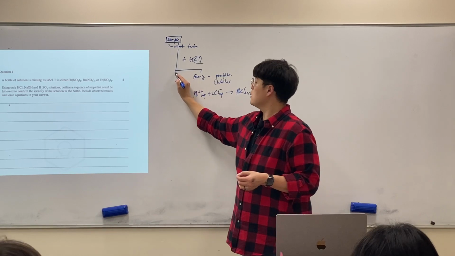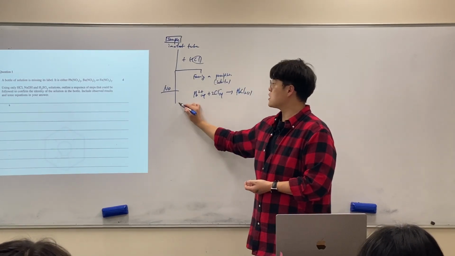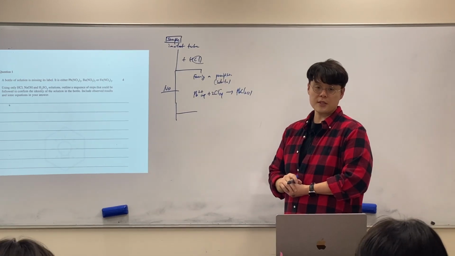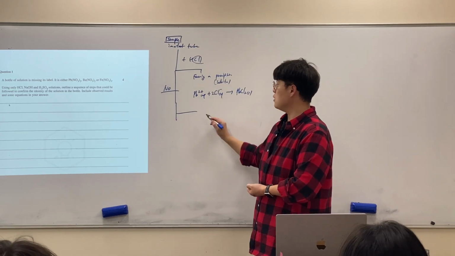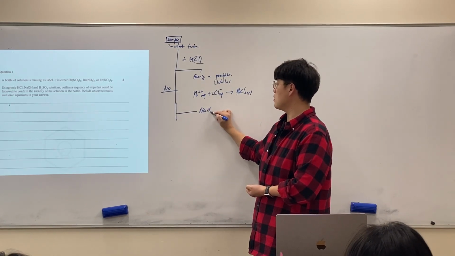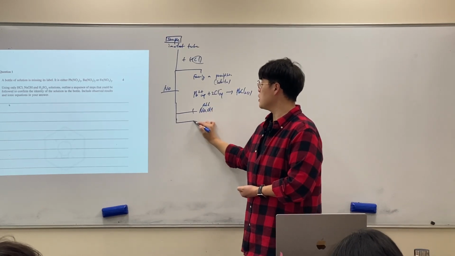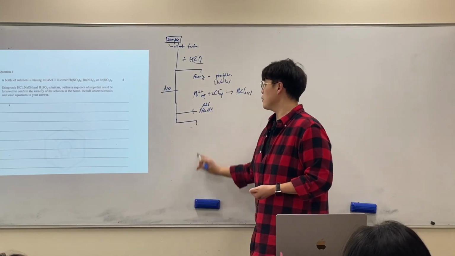Okay, then if there's no precipitate, what can you do in the next step? Add sodium hydroxide. Okay, let's add the sodium hydroxide. And what do you expect? If you're forming the precipitate, yes. You can just write yes for the precipitate.